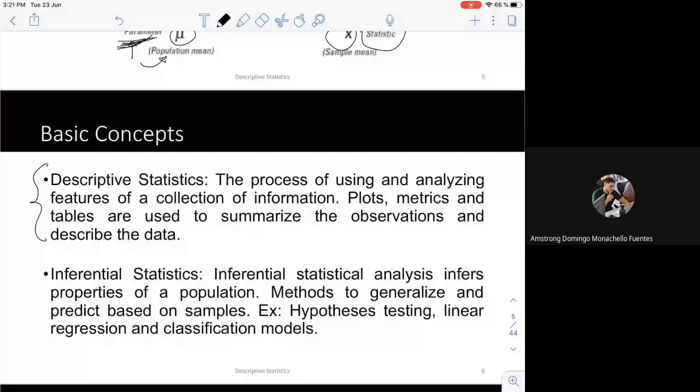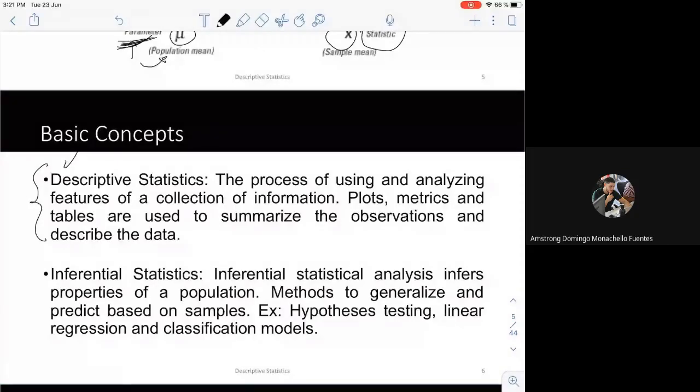So descriptive statistics is about representing our data in a meaningful way. It's like translating our data into something from which we can understand, or at least get a better analysis of, what's going on with our data. Again, summarize everything in tables, plots, or metrics. Those are the three main tools that we will cover in the first unit.